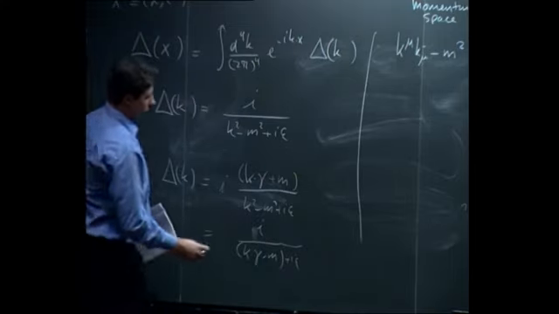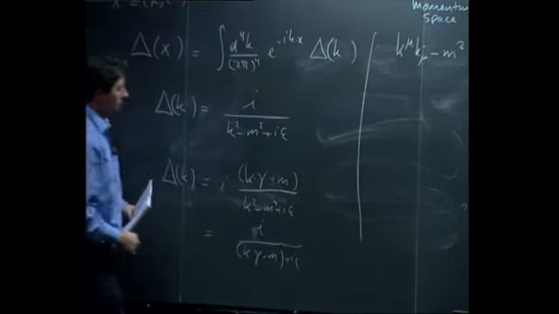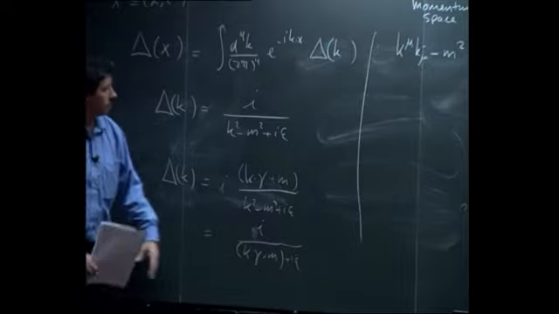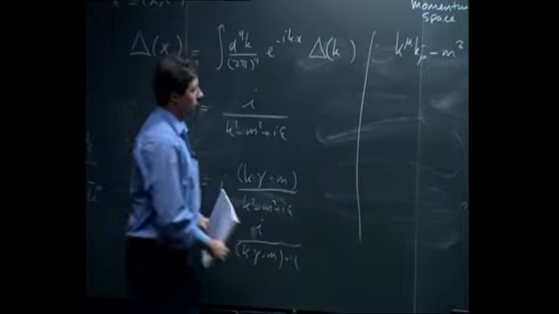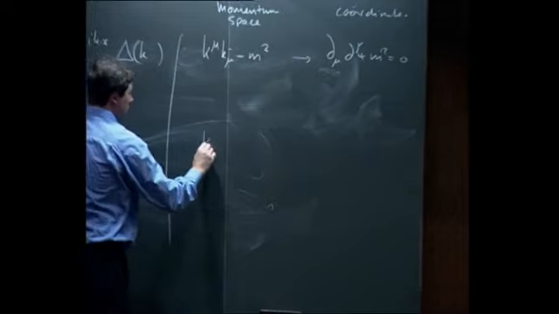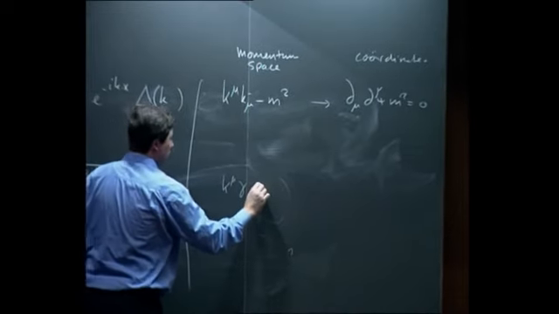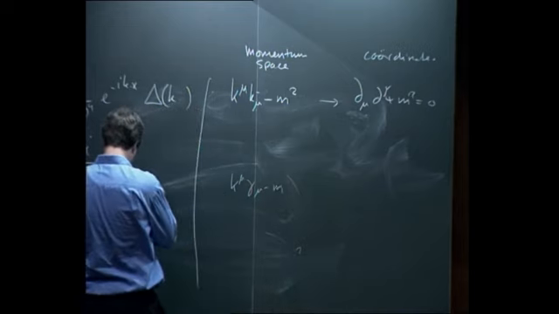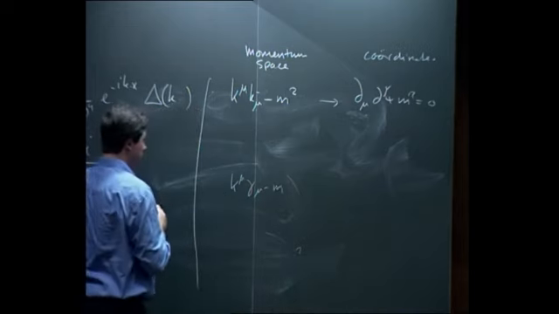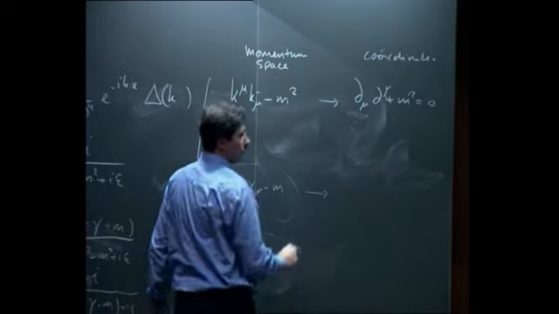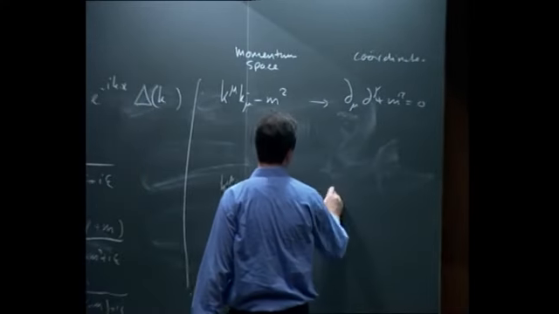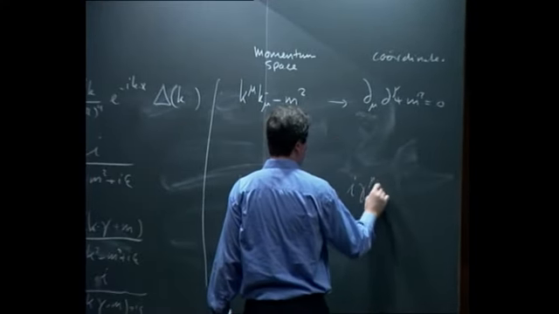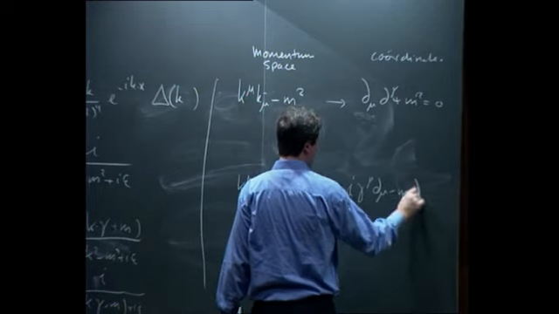So it's the inverse of the operator that's in the Lagrangian, because k mu gamma mu minus m must be related to the operator which I have in there, which is i gamma mu d mu minus m.